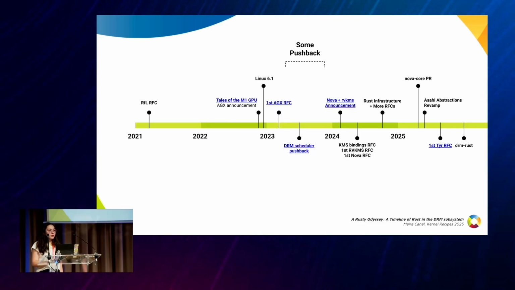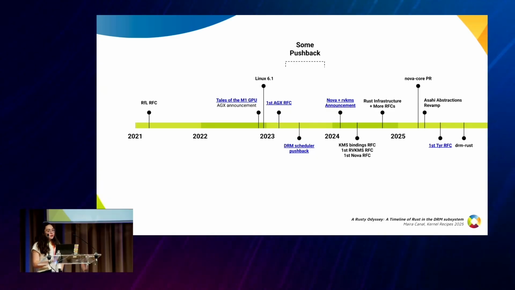After this first moment of enthusiasm, I would say that Rust kind of cooled down a bit in the DRM after some resistance in a patch set involving C changes. And I think that at this point, in the middle of 2023, the community hadn't reached consensus yet about how many C changes could be made in order to make safe abstractions sometimes cleaner, easier to structure, or even functional, as we are going to see.